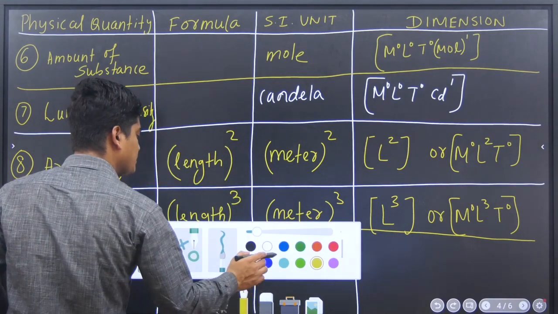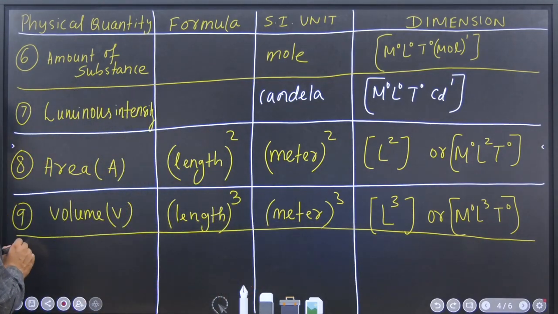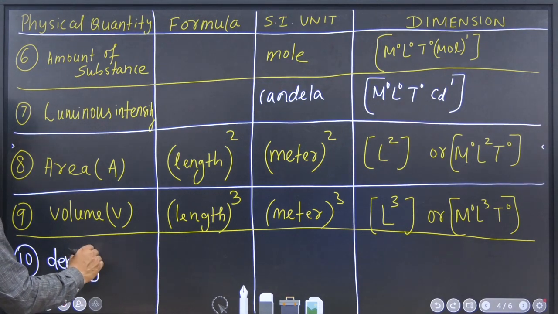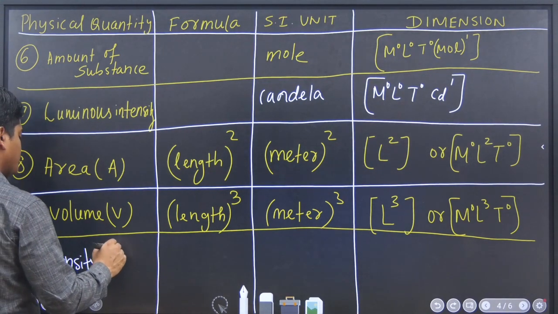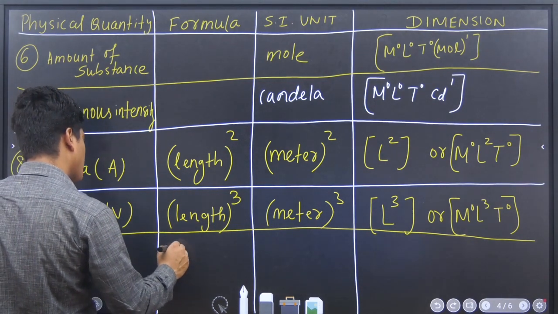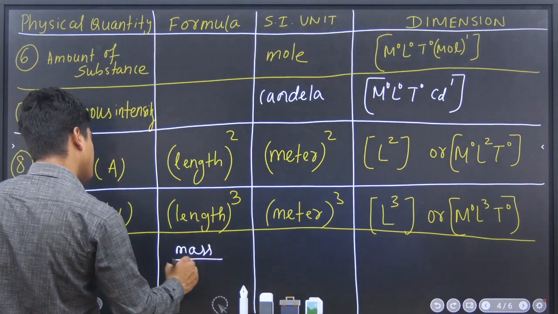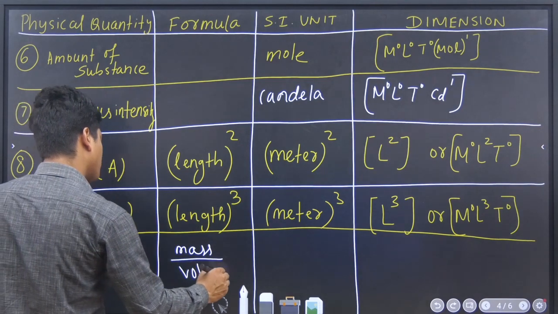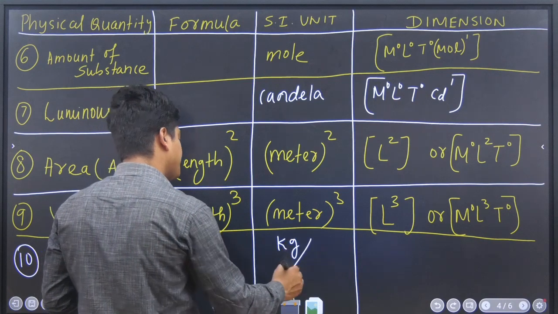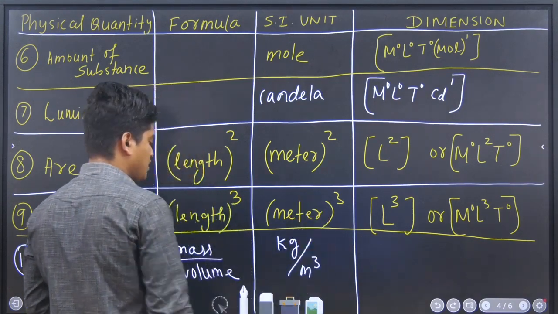Now next quantity, we will write 10th one, that is density. Density basically symbol we give rho, and the density formula is mass by volume. The SI unit of mass is kg, the SI unit of volume is meter cube.